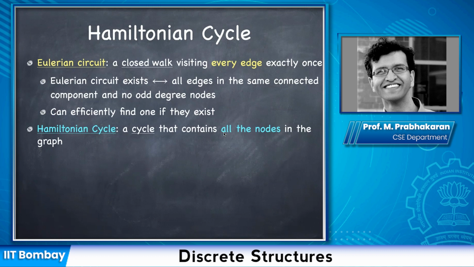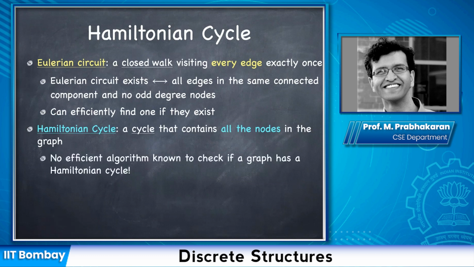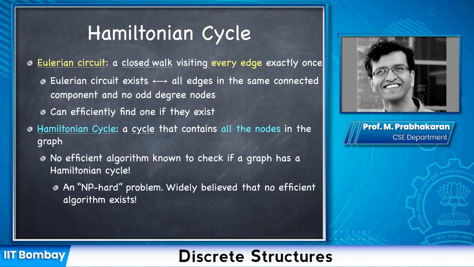That is okay. So the problem is, given a graph, does it have a Hamiltonian cycle? And if it has one, can you find it? Unfortunately, even though it sounds a lot like Eulerian circuit, it's a very different problem, and we do not have any efficient algorithm to check if a graph has a Hamiltonian cycle. In fact, it's what's called an NP-hard problem.